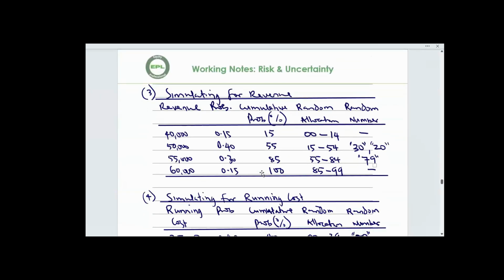Where do you find 30? 30 is in the second row. Therefore, you trace it to the left under revenue. Whatever cash flow you have there, you pick it. That's 50,000 naira.